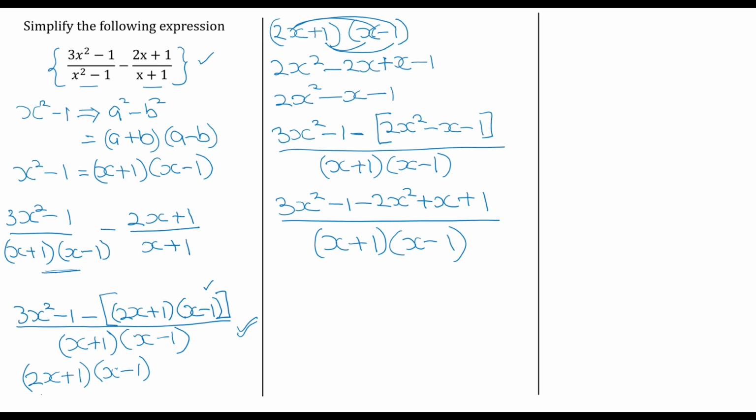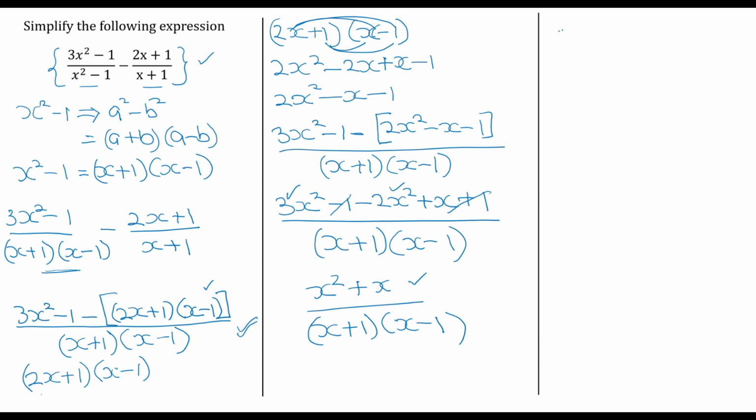Therefore, you simplify by picking like terms, this one and this one, you'll get x squared. This one and that one will cancel out, plus x over (x plus 1)(x minus 1).